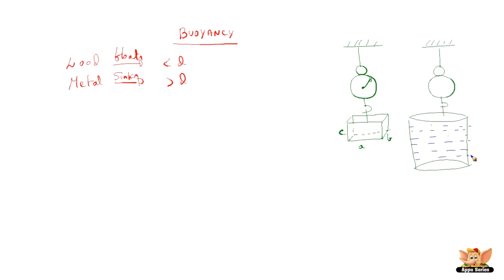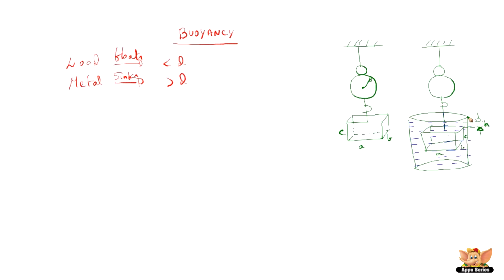Let's say there is a liquid in it and the box is hung here, and the box is basically submerged. This is A, this is B, and this is C. And the water level is here. Now from the water level surface to the top surface of the box, let us call it H.